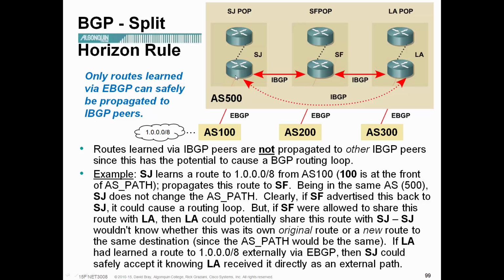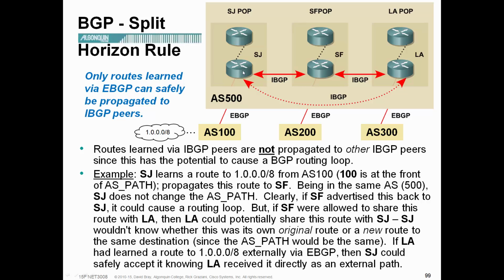connection to SJ. In this example then, SJ will learn the route to network 1/8 from AS100. Recall, as the route is advertised from AS100 to SJ in AS500, the value 100, its AS number, will be prepended, or put at the front of the AS path.